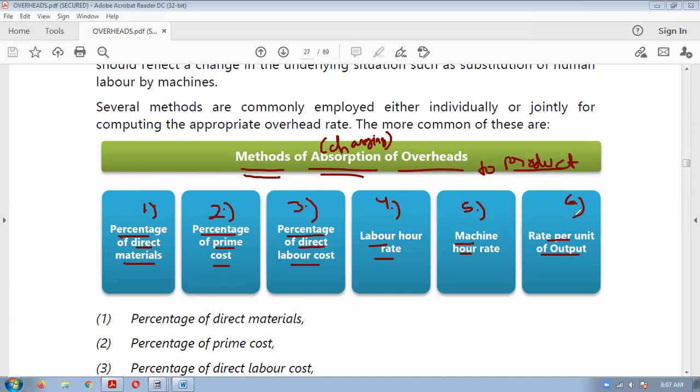These are the 6 different methods for absorption of overhead to product.